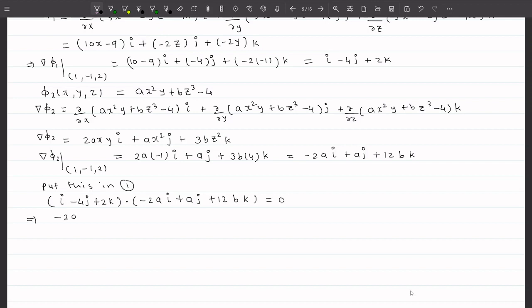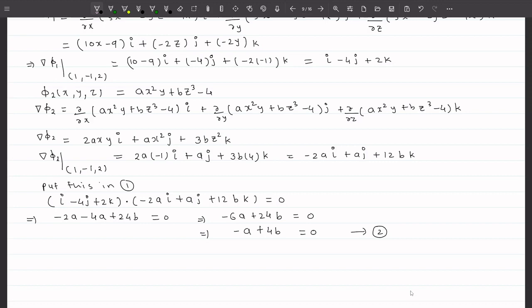So it is −2a − 4a + 24b is equal to 0. So this implies −6a + 24b is equal to 0. So can I write here −a + 4b is equal to 0. Mark it as 2. Right? We get the equation −a + 4b equals 0.